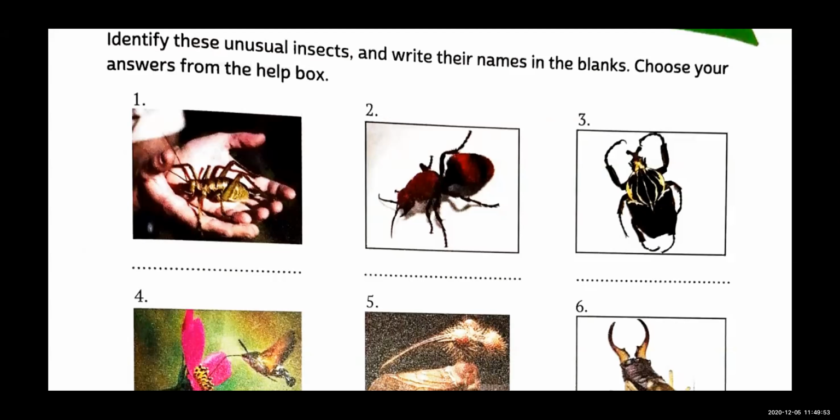I'll tell you about 5 characteristics of giant weta. The first thing is its weight. It is a heavy weight insect. It has made a record for its weight. Moreover, this insect cannot jump.